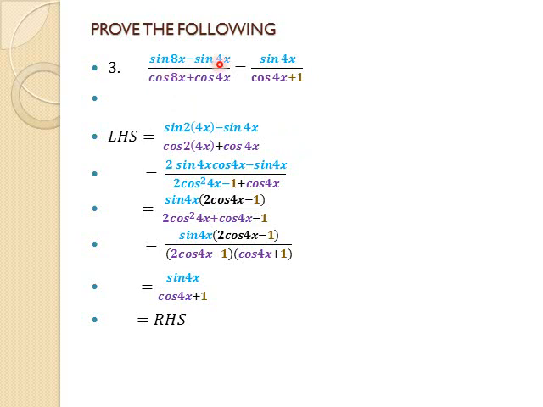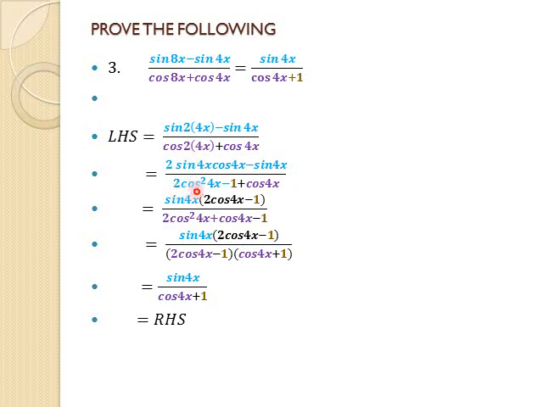Because I have 4x, when I write 2 times 4x, I'm bringing 4x and 4x there so I can take out the common factor. If I expand, that becomes 2 sin 4x cos 4x minus sin 4x. Here at the bottom, cos 2 times 4x. Because I have cos 4x, I'm going to write this in terms of cos.